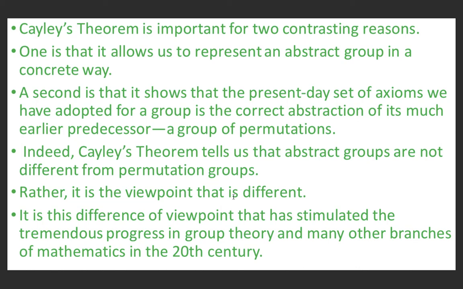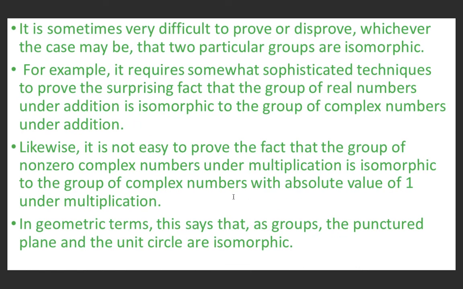It is sometimes very difficult to prove or disprove, whichever the case may be, that two particular groups are isomorphic. For example, it requires somewhat sophisticated techniques to prove the surprising fact that the group of real numbers under addition is isomorphic to the group of complex numbers under addition.